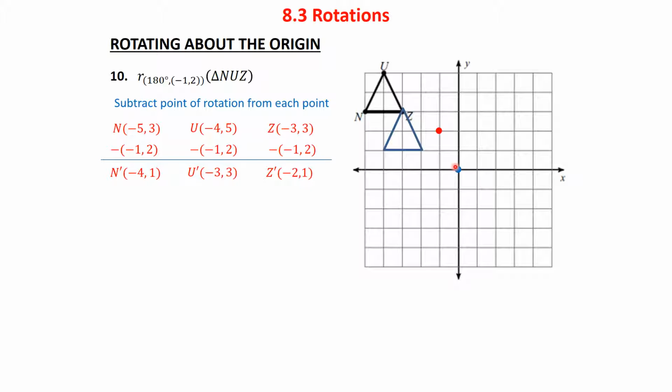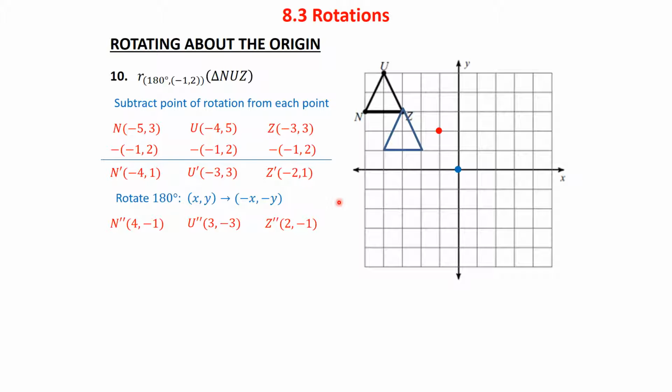origin. And then from here, I'm going to apply my rule for rotating 180 degrees, since that's what we're trying to do here. Again, that rule is I'm going to multiply not just the front number, but also the back number by a negative. And so I'm going to take each of these points, n prime, u prime, z prime, and I am going to multiply each coordinate by a -1.